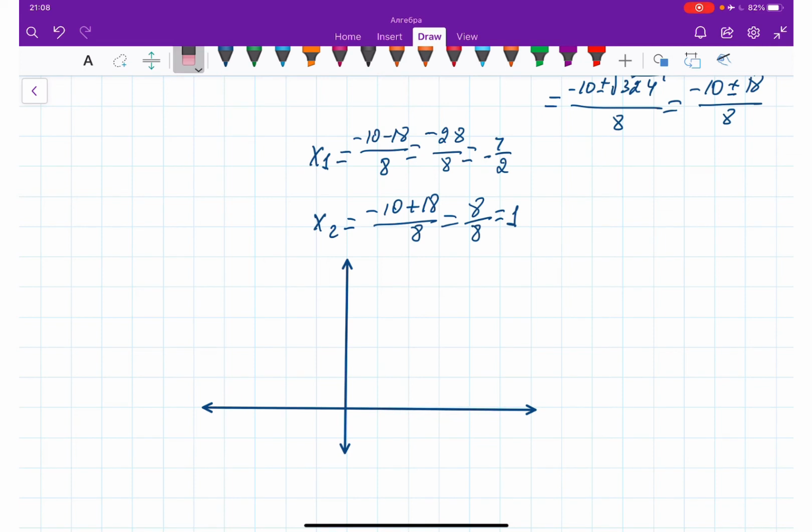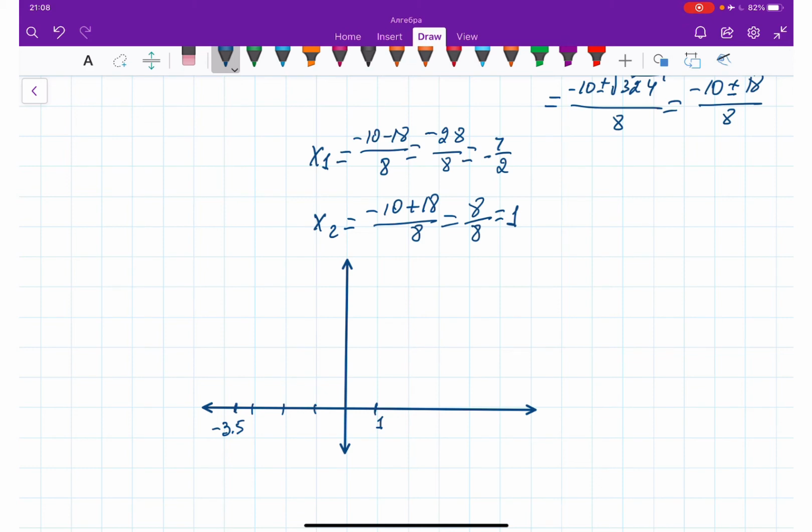So 1 is positive 1. The other intercept is negative 7 over 2, 3.5. 1, 2, 3, and this will be 3.5. Okay, this is our intercept.